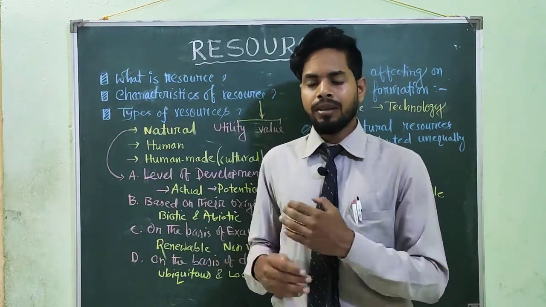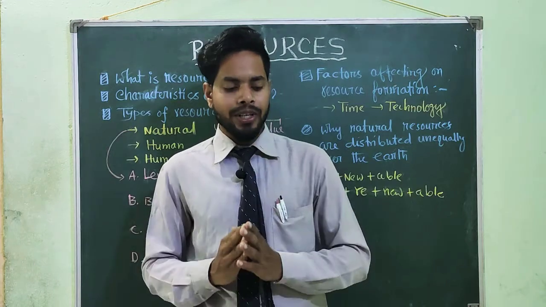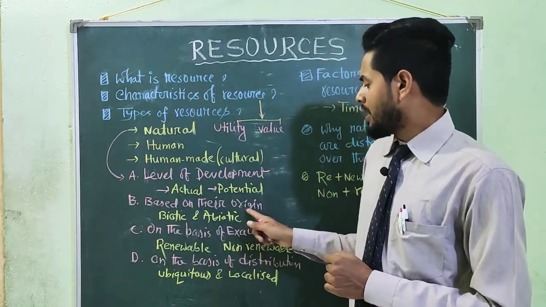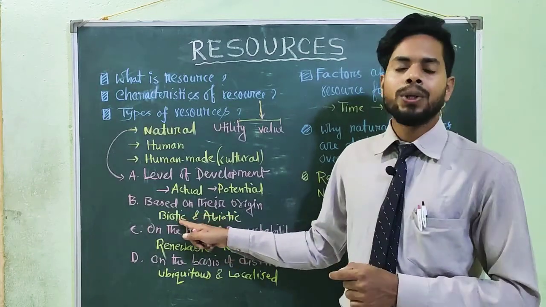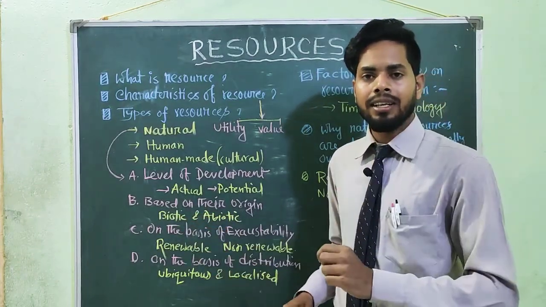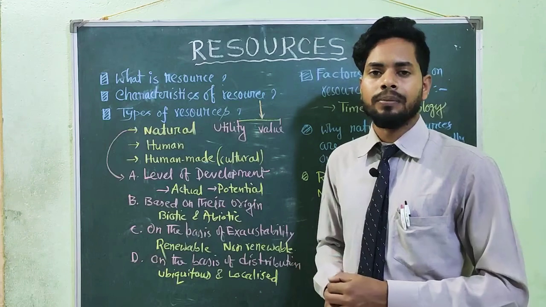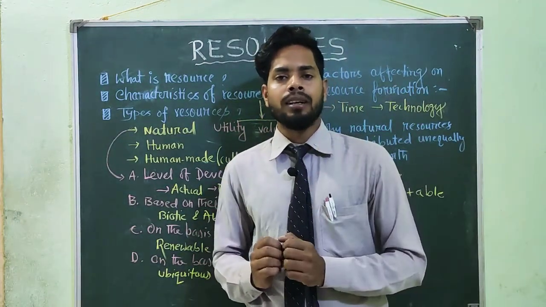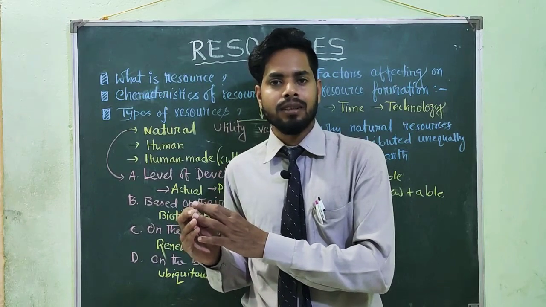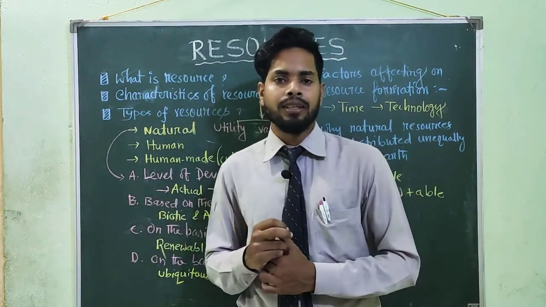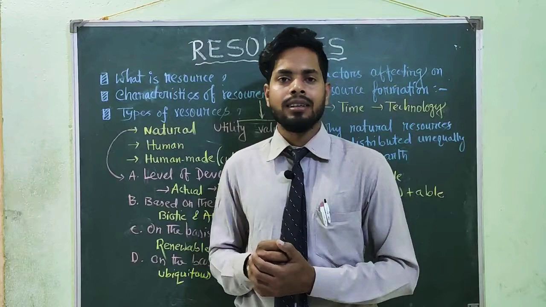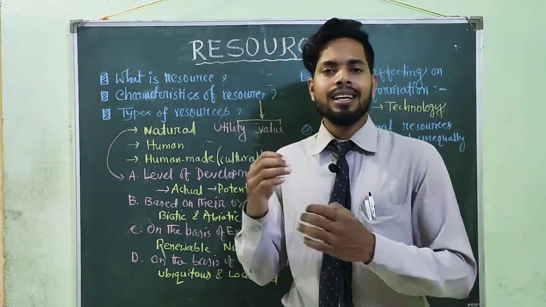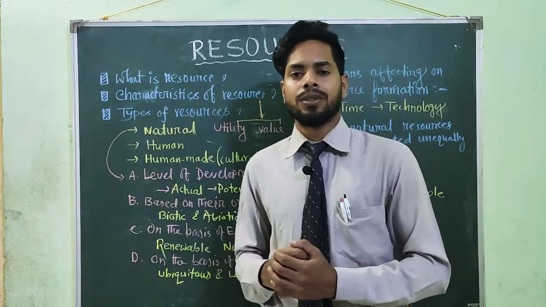So dear students, furthermore, on the basis of origin, resources are classified into two categories: one is biotic and another is abiotic. Those resources that we obtain from living things are referred to as biotic resources, like plants, animals, wildlife and microorganisms.